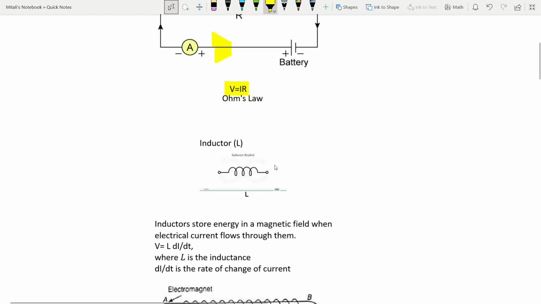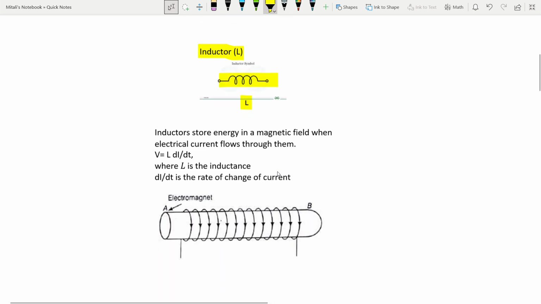Then we come to our next component, the inductor, symbolized by the letter L, demonstrated by this symbol. Inductors store energy in a magnetic field when electrical current flows through them.